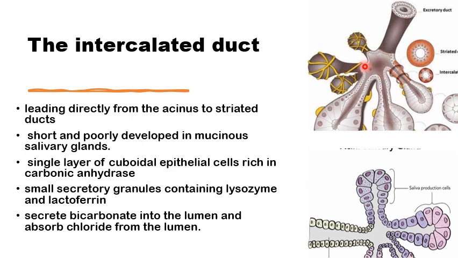The intercalated ducts can also secrete some proteins, mainly lysozyme and lactoferrin, and can also absorb chloride and secrete bicarbonate into the isotonic fluid coming from the acinar cells, and it pours into the striated part of the duct system.